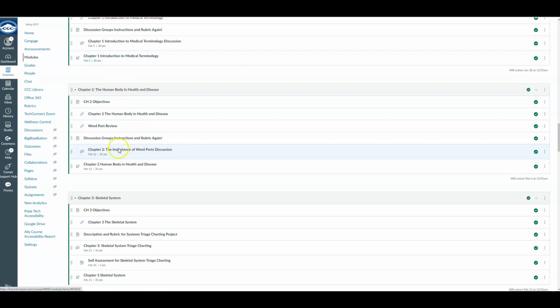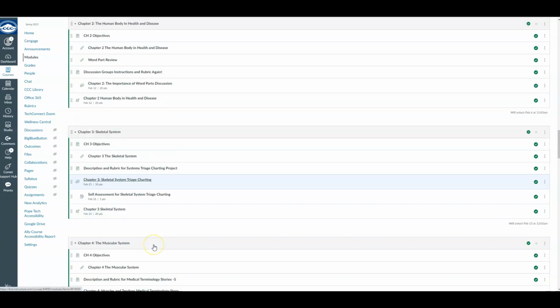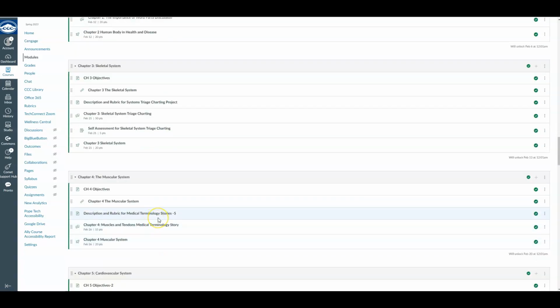These quizzes, Chapter 2, Chapter 3, the ones at the very end, count as 40% of your grade separately from all the MindTap assignments. And the discussions and the triage charting and the medical terminology stories count towards your assignments. Assignments are worth 40% of your grade.